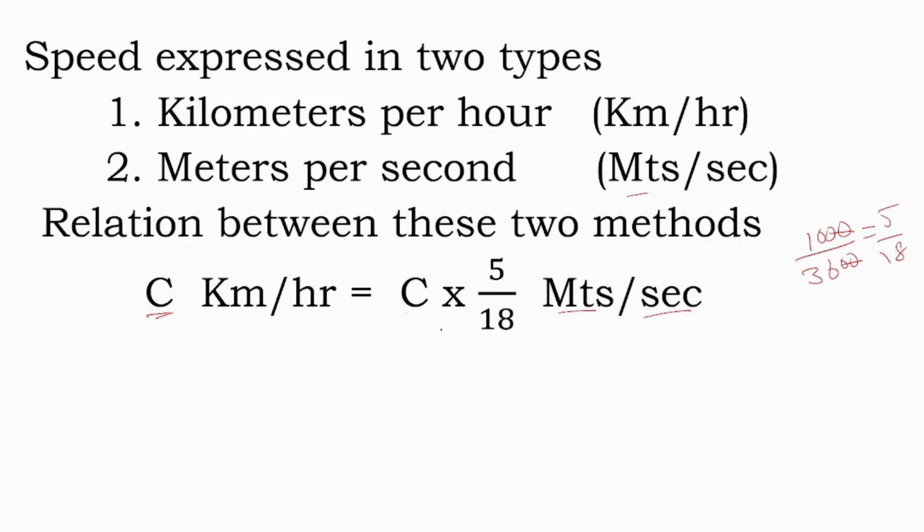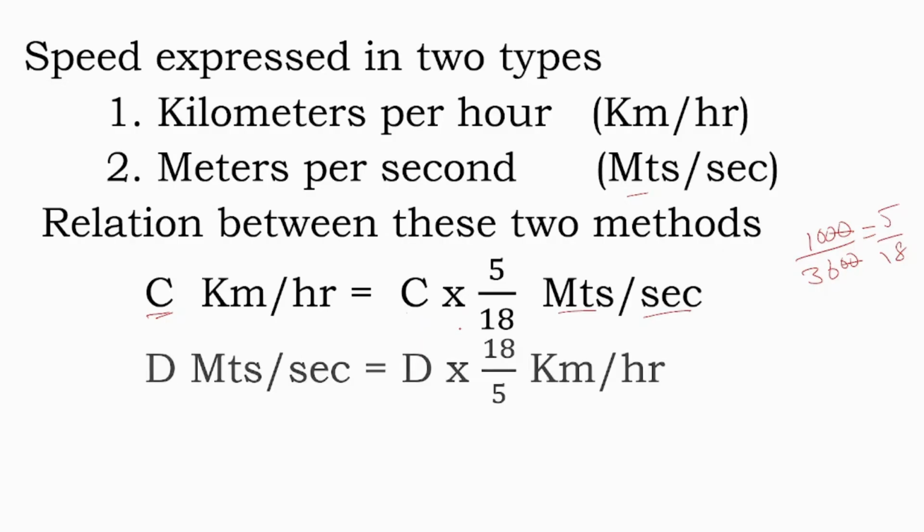Similarly, if the speed is D meters per second, let it be, then meters per second should be converted into kilometers per hour by multiplying D by 18 by 5. Why? Because it is the reverse: we multiply by 3600 seconds for 1 hour, and divide by 1000 for meters.